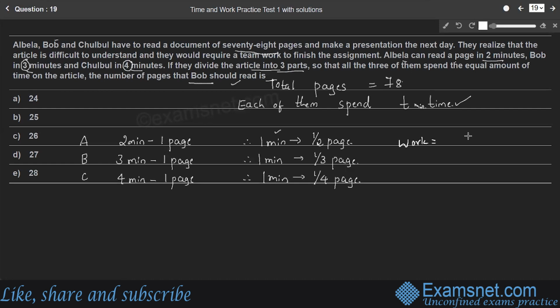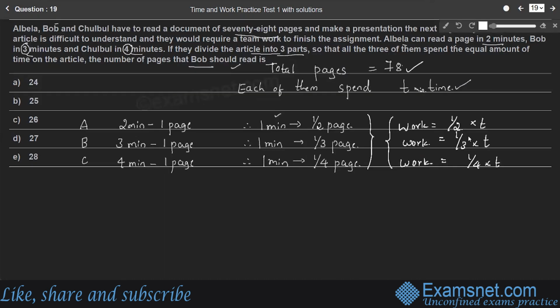All of them are spending t minutes of time, and each person's efficiency is different. Albela's 1 minute work is half a page, so he can read half a page in t minutes. Work done by Bob is 1 by 3 into the same time, and work done by Chulbul is 1 by 4 into t.